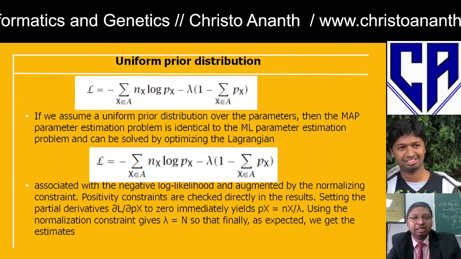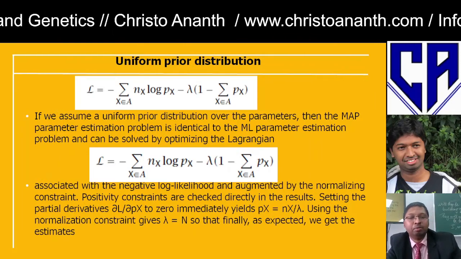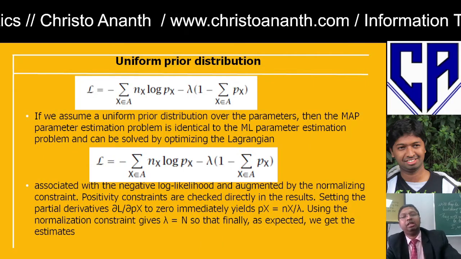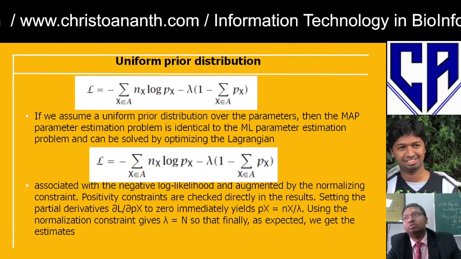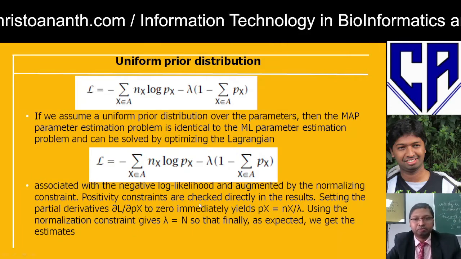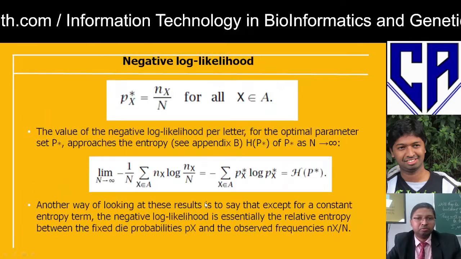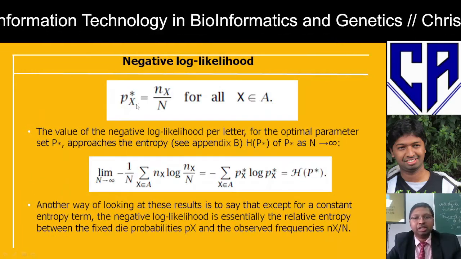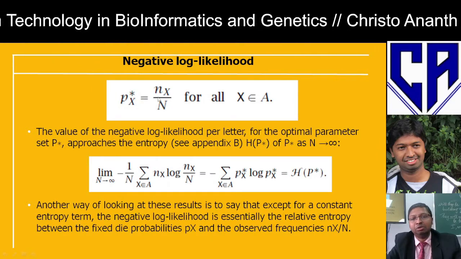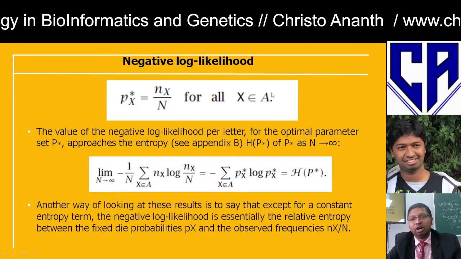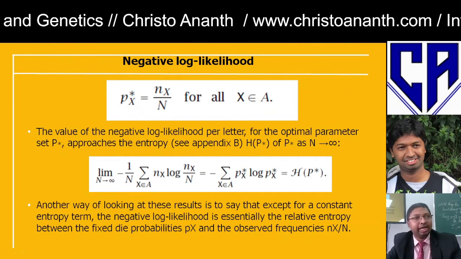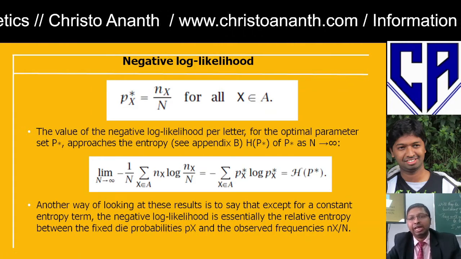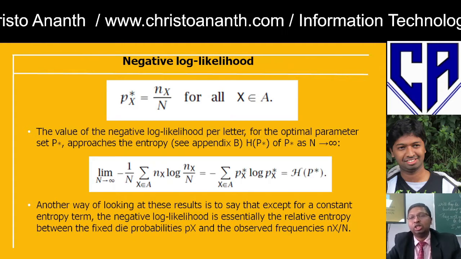Here the normalization constraint will give lambda equal to the total number of sequences, which is n. So this is the probability of the likelihood. So Px star is equal to nx by n for all the sequences x1, x2, x3 up to xn, belonging to A, the total subset.